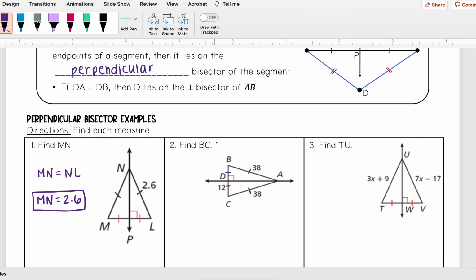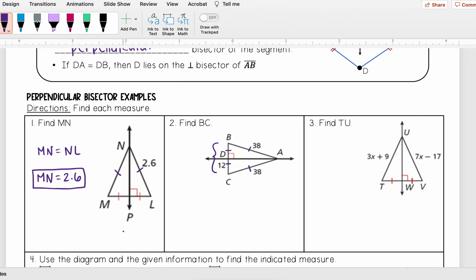Now, this problem is wanting me to find BC, this entire length. Well, since these are both equal to each other, BC is just going to equal twice the length of DC, which is the length given to us, that's 12.